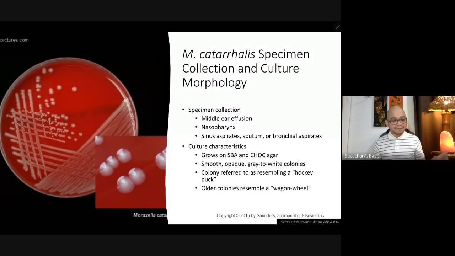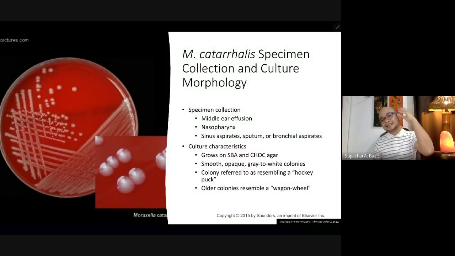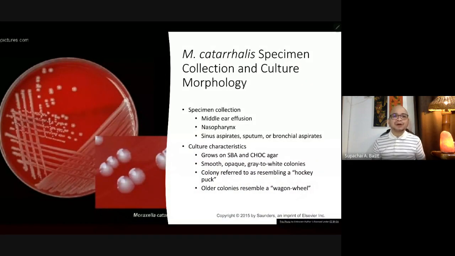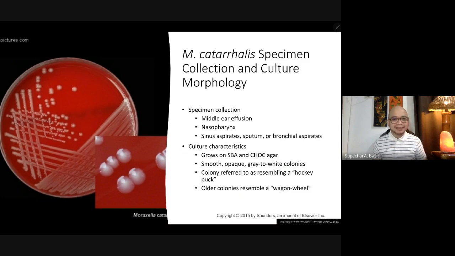Okay. And for the specimen collection and culture morphology, so we usually use middle ear effusion. So lalagyan ng fluid yung middle ear so that it would be easy for us to collect the specimen. We also collect it from the nasopharynx, so swab natin, or sinus aspirate, sputum or bronchial aspirate.